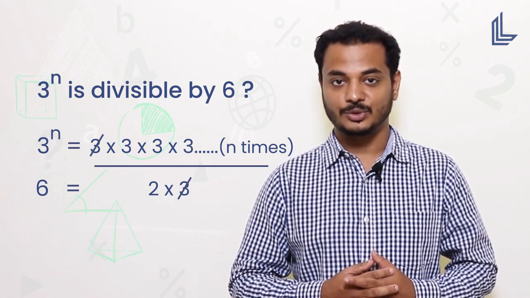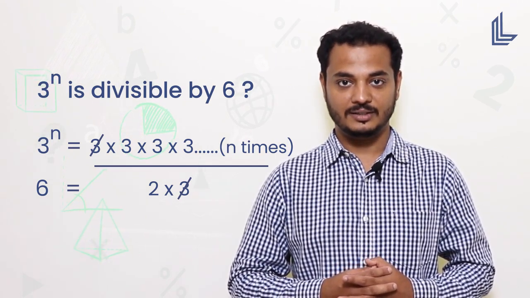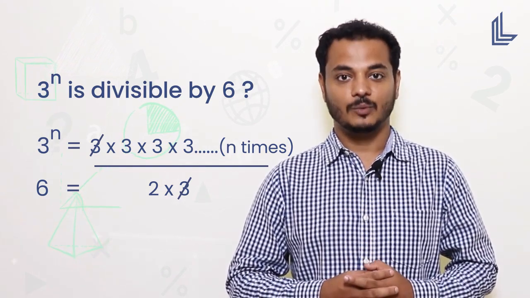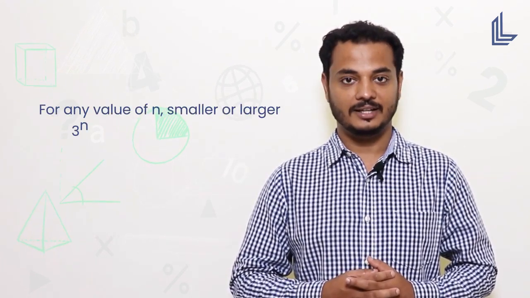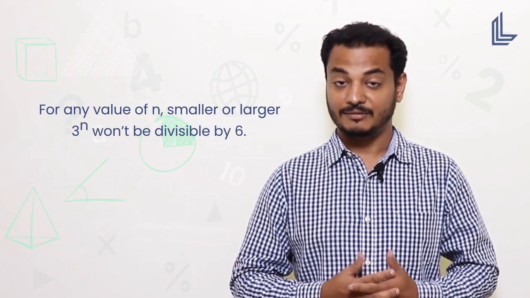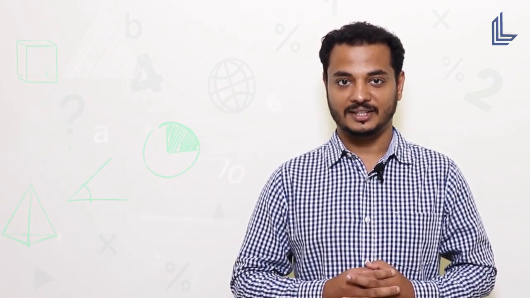But as long as you don't have a 2 in the numerator, the 2 in the denominator will remain as it is. What does it mean? It means that for any value of n, 3 power n will not be divisible by 6, right? We have just used fundamental theorem of arithmetic here.